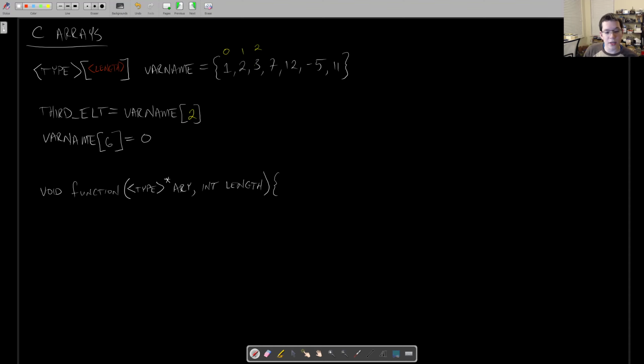And if I want to iterate through the array inside of this function, right now this is going to give me... what if I say type var equals... I believe that's correct.